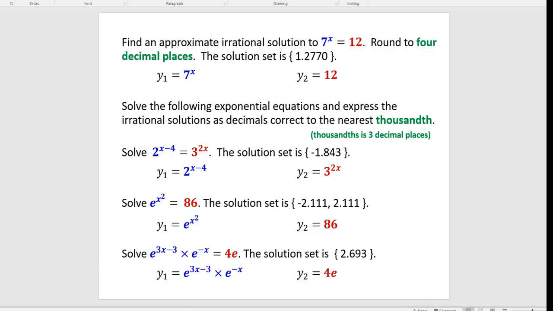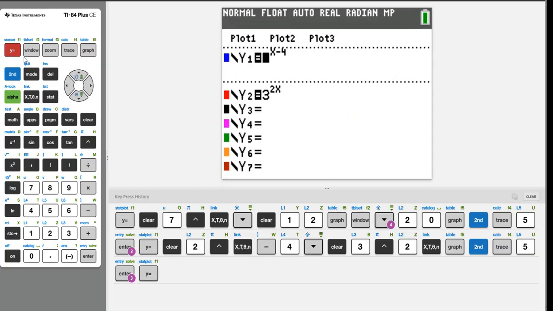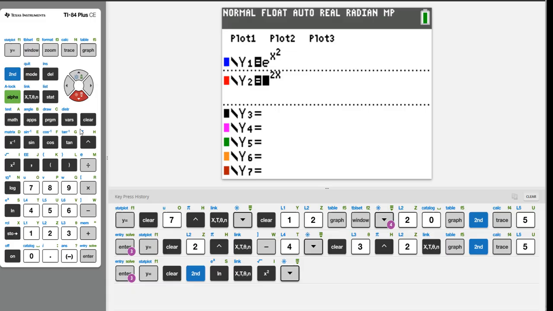To do the third problem on the TI-84 calculator, press y equals. Press clear to clear y1. Press second and the e to the x power key. Type in x and press x squared. Press the down arrow. Press clear to clear y2.